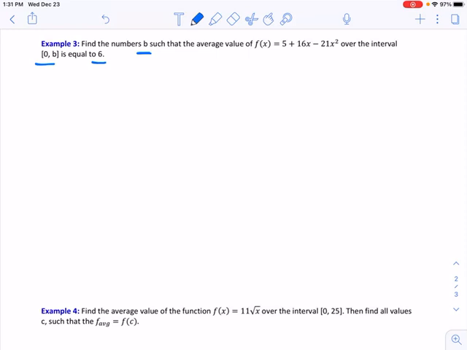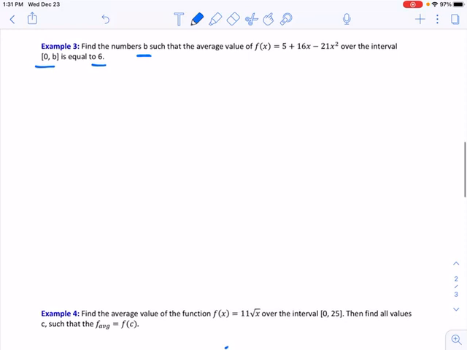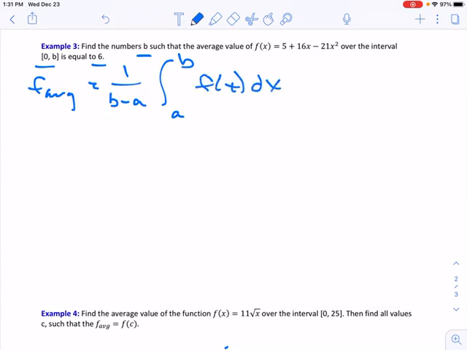So to do that, let's use our basic average value formula, which is the average value is equal to 1 over b minus a times the integral from a to b of f of x dx. Okay, so we know what this is. That has to be 6.